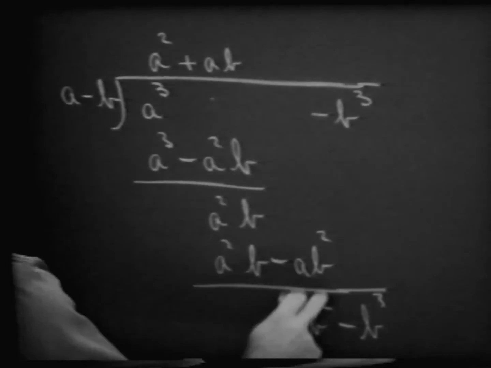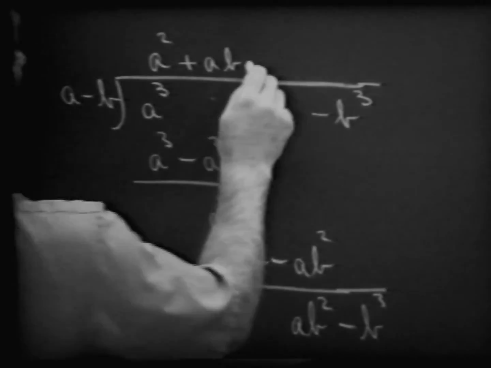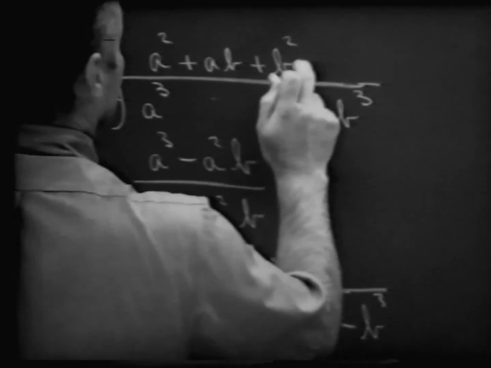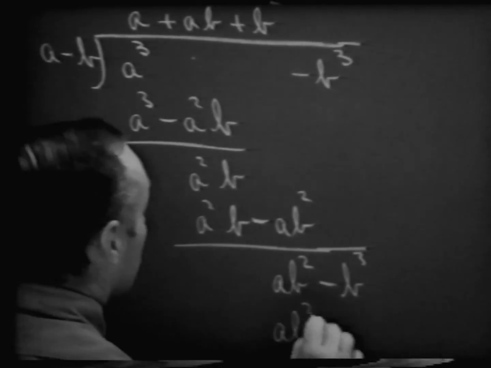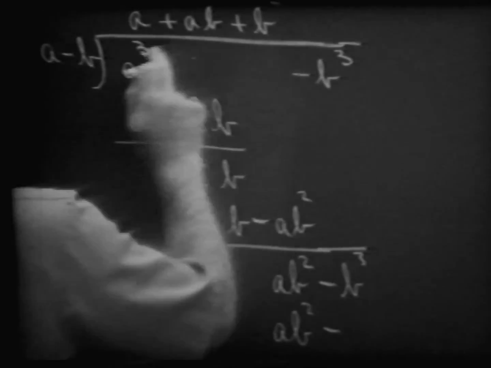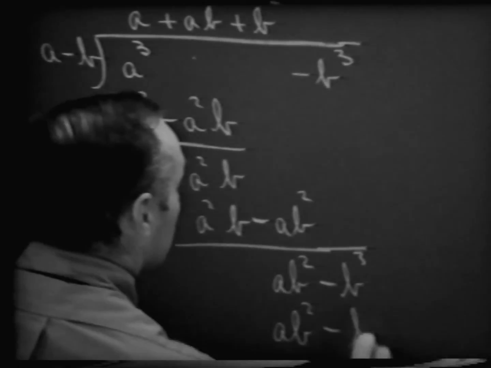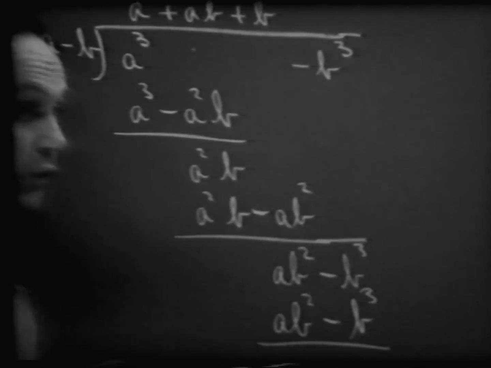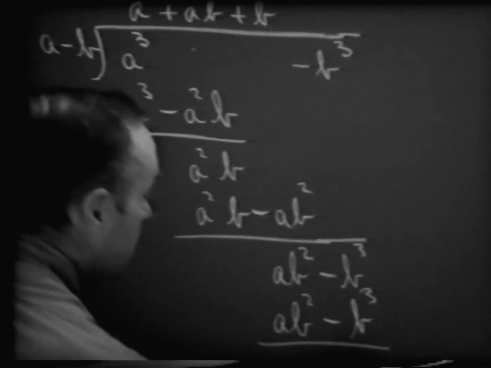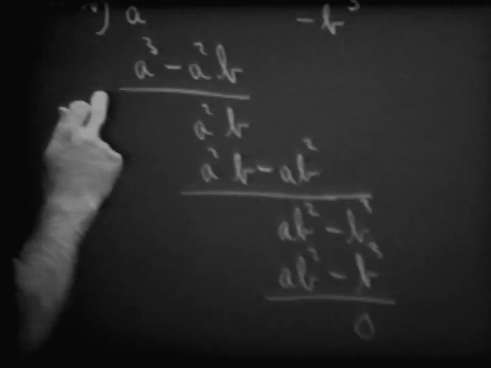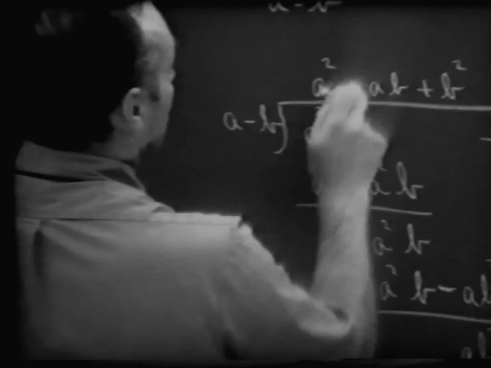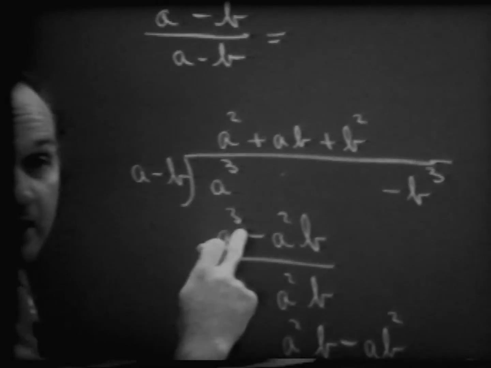A into ab squared goes plus b squared, because b squared times a is ab squared, minus b squared times b is b cubed, and lo and behold, the remainder is 0. Now, when the remainder is 0, I think you will agree that we can conclude that this divisor is in fact a factor.